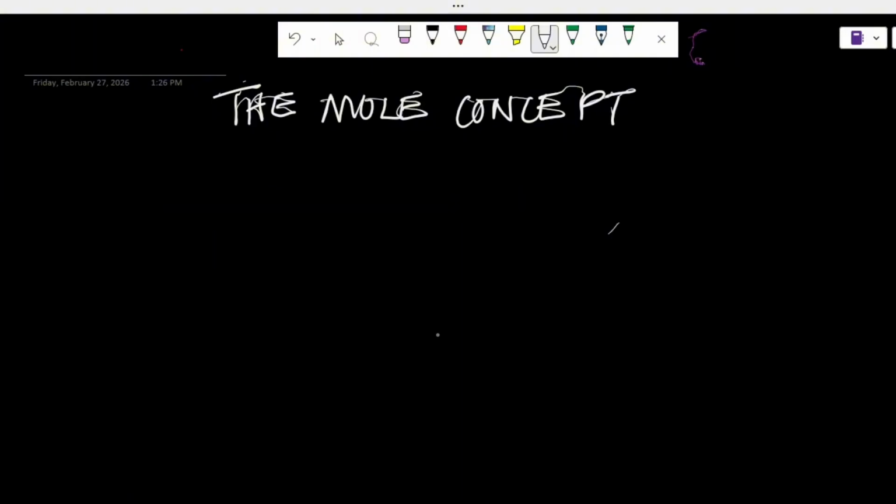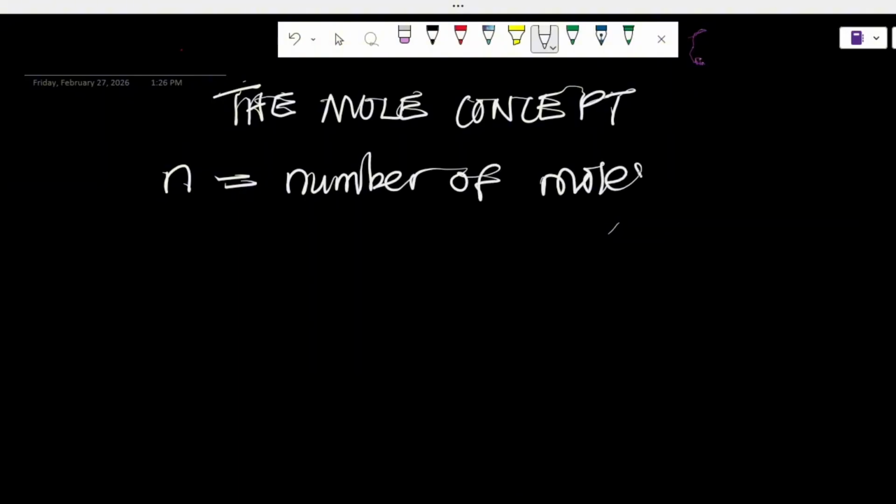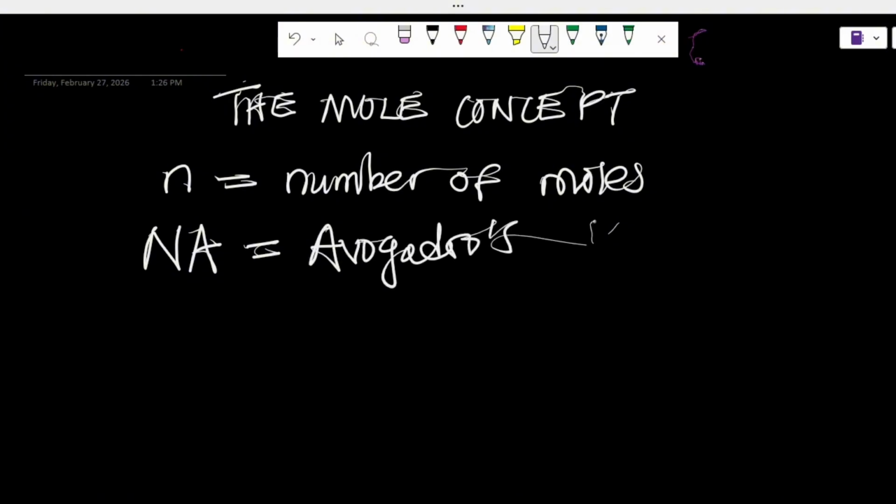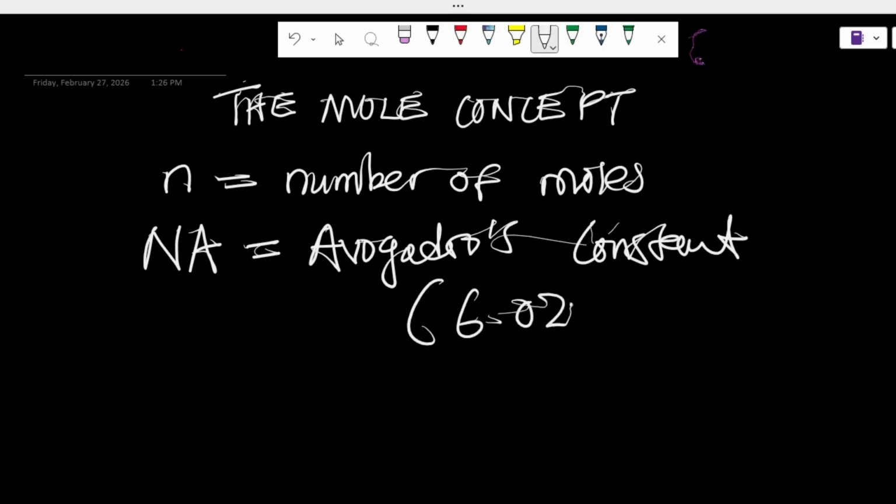Now, there are symbols that you need to be familiar with. n is pointing to the number of moles. And when you're talking about Na, this is pointing to Avogadro's constant, or Avogadro's number. And you know that this number is 6.022 times 10 to the power 23.